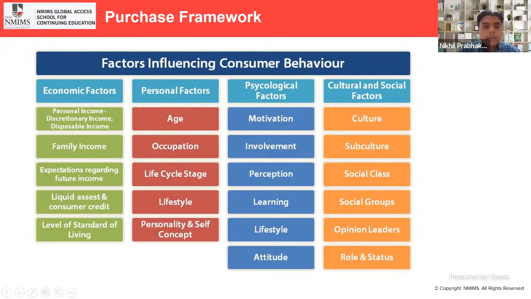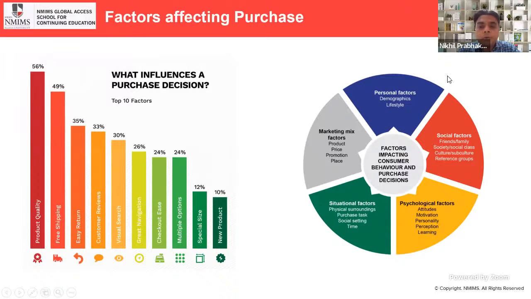Okay? If we also look at what the most important thing is in digital, particularly e-commerce, what are people looking at when they are actually purchasing things? This chart on the left-hand side is one to look at. These days when people are buying online, product quality still remains the top parameter. People want to buy products which are of high quality.